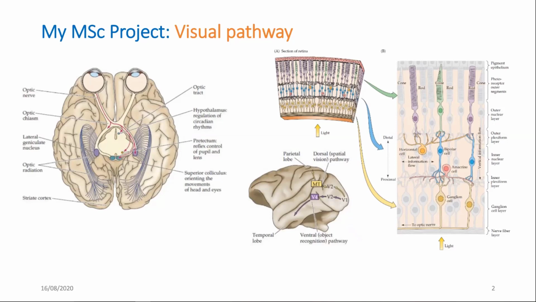Now, the reason for giving this brief introduction is that every time we are seeing things, we are seeing so many different things, and our brain is processing all this information simultaneously.